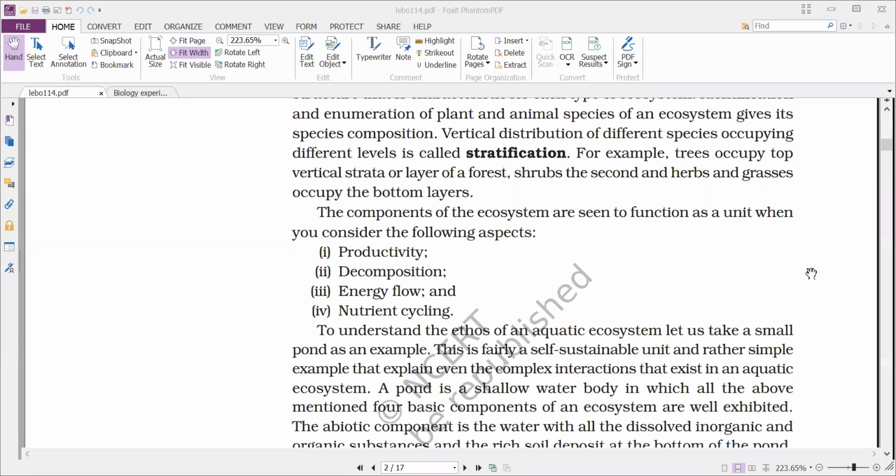In other words, as this nutrient cycling takes place between living and non-living components, we can call it a biogeochemical cycle. So how is this taking place, how is the replenishing of nutrients taking place in the soil? That's what we'll study under the components of ecosystems, by which we can understand the functions of the ecosystem.